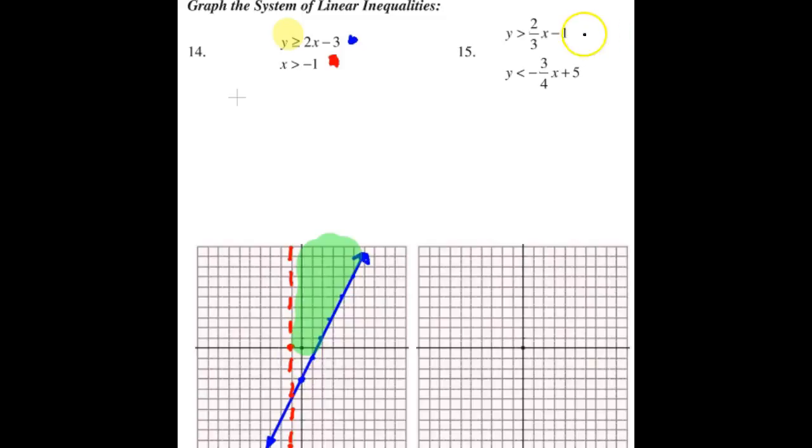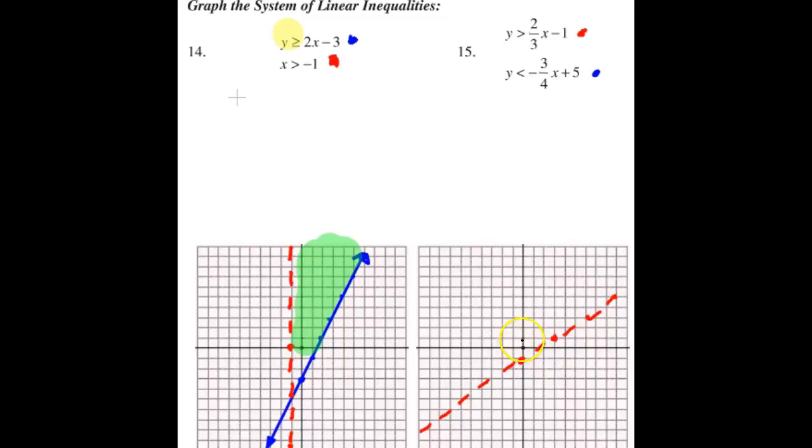All right, let's do a few more. Let's start at -1. And we're going to go up 2, right 3. Right, and this is a dashed line. And next we're going to start at 5.